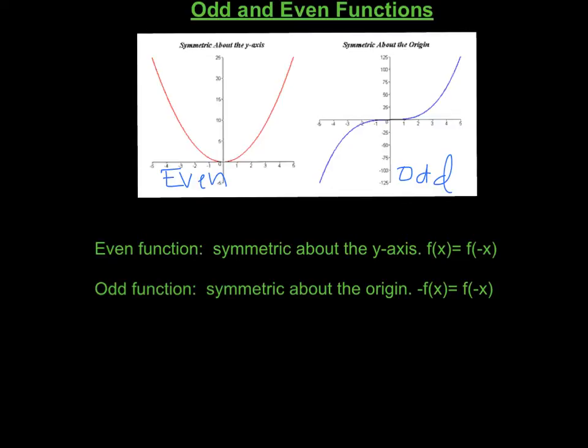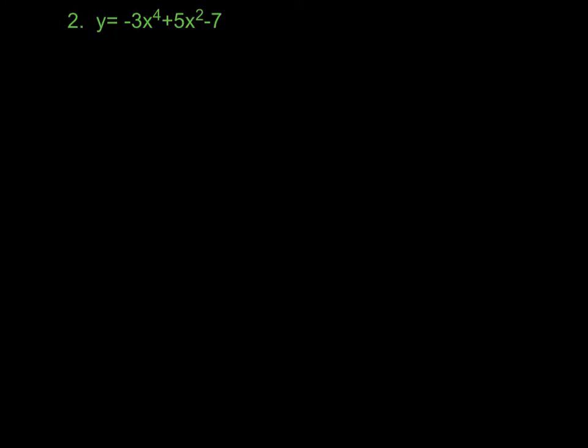If you look at the packet that you were given, we're going to start by looking at number 2. What we're going to do is try to prove whether it's odd, even, or neither. So usually what I like to do is start with f of negative x.